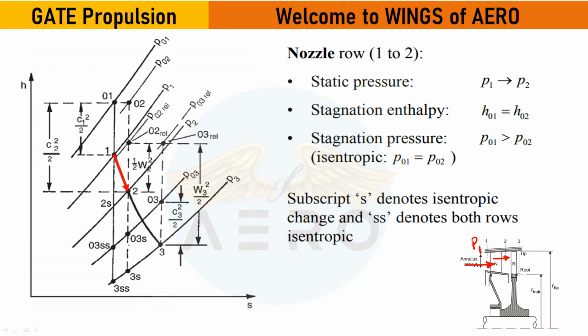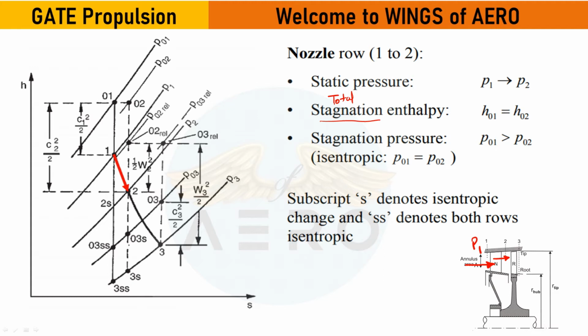Now we will see the transformation of the static pressure, stagnation pressure, and the stagnation enthalpy. Across the nozzle, the stagnation enthalpy, in other words the total enthalpy, will remain the same.